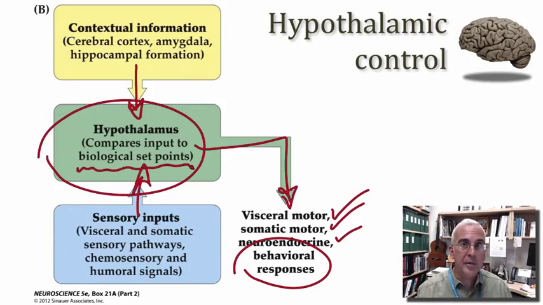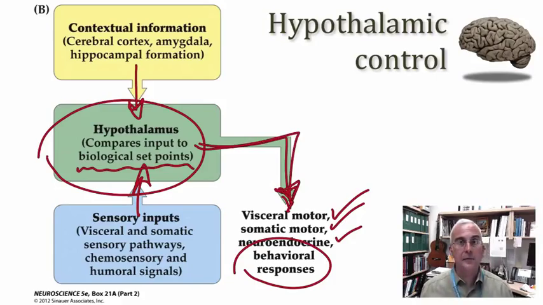There are circuits in the hypothalamus for which the molecular set points are reasonably well understood, so I'm going to unpack a little bit of that in a later session. But for now, I'll just broadly emphasize this general mechanism of hypothalamic function of integrating context and sensory signals and referencing against a set point. And with deviation from that set point, we have implementation of some kind of behavioral change.